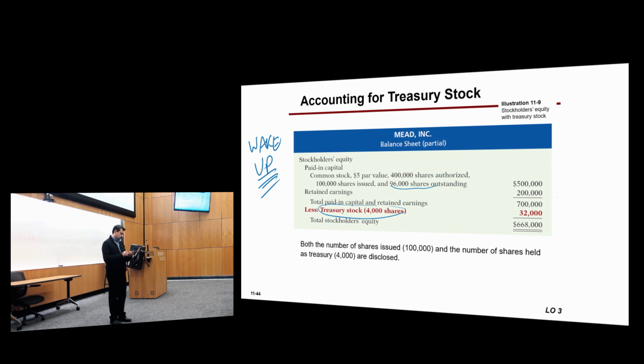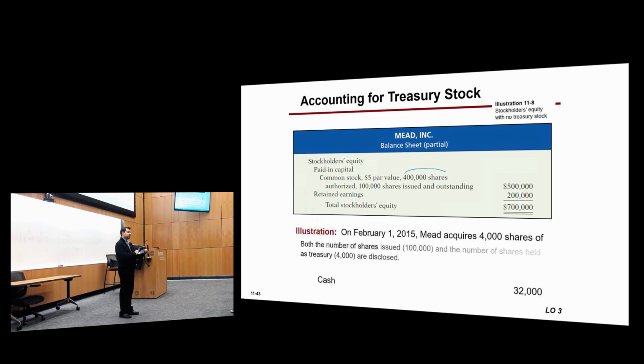Those two together would be 96,000 multiplied by the amount. Now let's see both. So now we have the total of 668,000 compared to the previous one, which was 700,000.